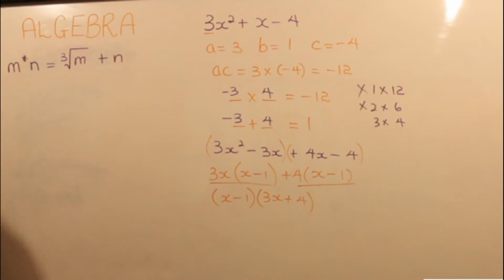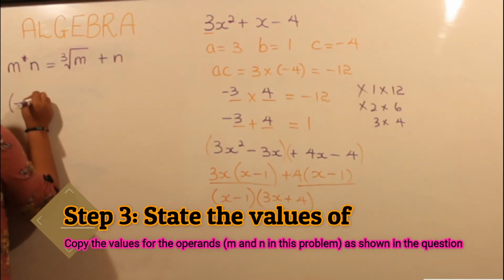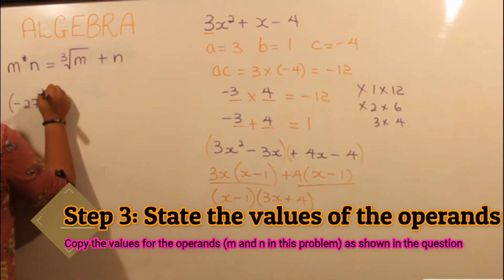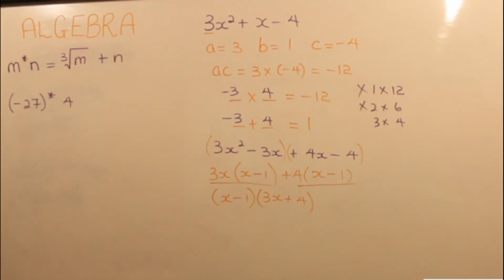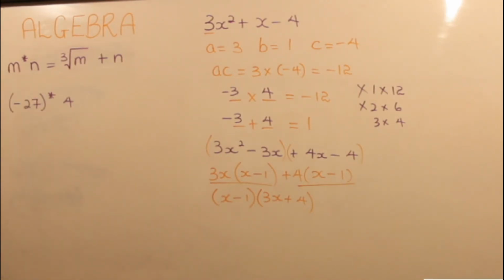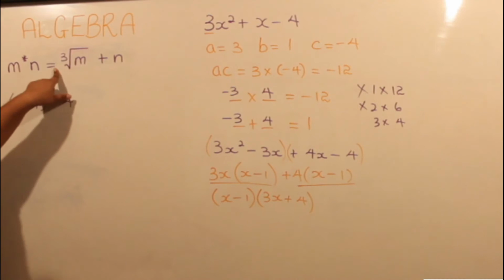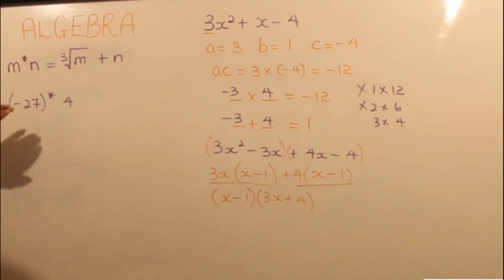Now, the problem is telling us we want to evaluate minus 27 star 4. Okay, so we are going to take this operation star, which is defined as cube root of m plus n. They told us m is minus 27, n is 4.